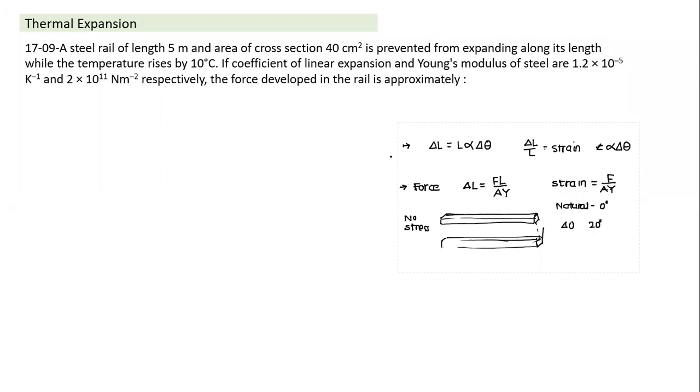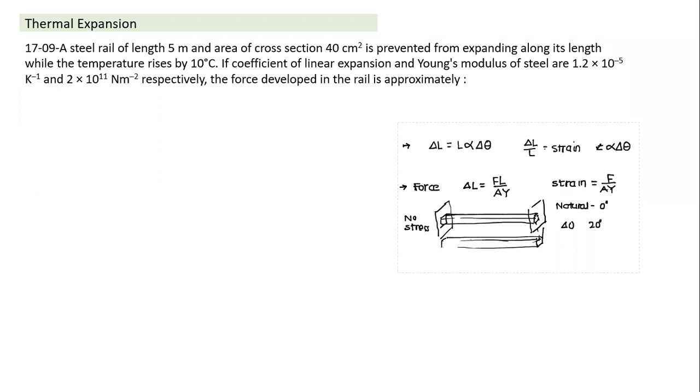Now imagine this is free, kept on a frictionless surface. We change the temperature, the length changes, and we can calculate the effect of temperature. Now suppose this rod is fixed between two walls, which happens in many kinds of building structures. If you have a rod at 0 degrees fixed between two walls, at 0 degrees there's no stress in the rod, so it is at its natural length.